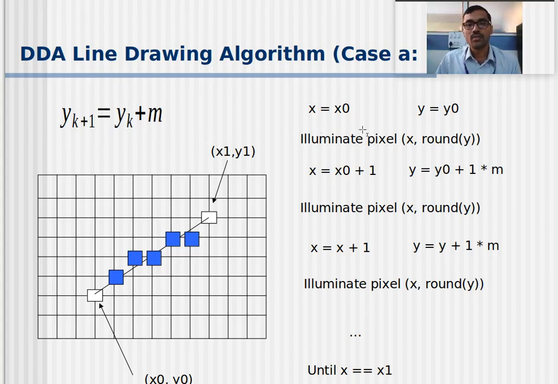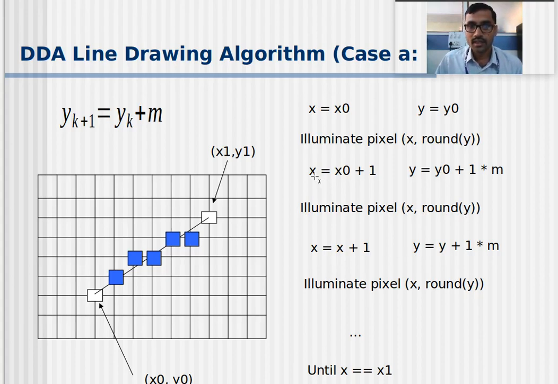So x = x0, y = y0, illuminate pixel (x, round y). The next x value is calculated by x0 + 1, and the relative y value is incremented with y = y0 + 1 * m, and illuminate pixel (x, round y).